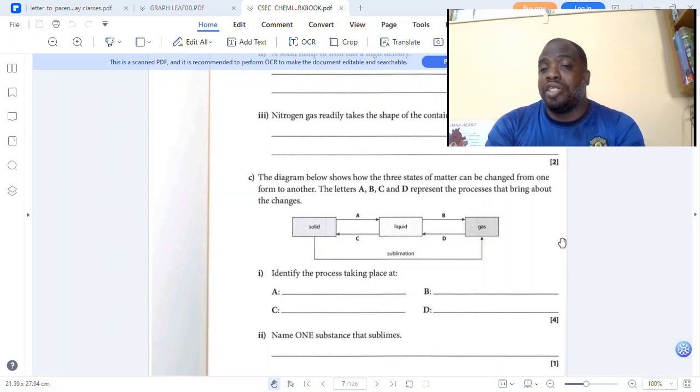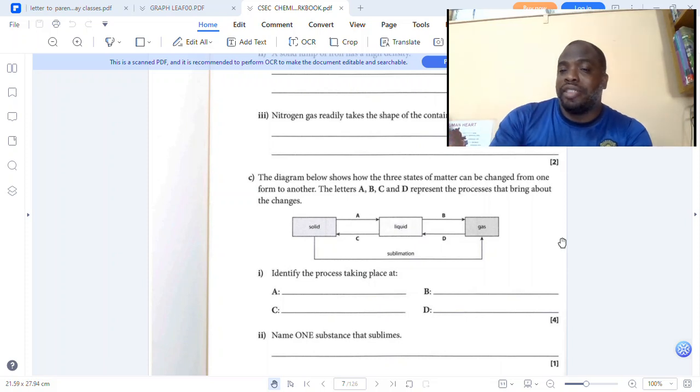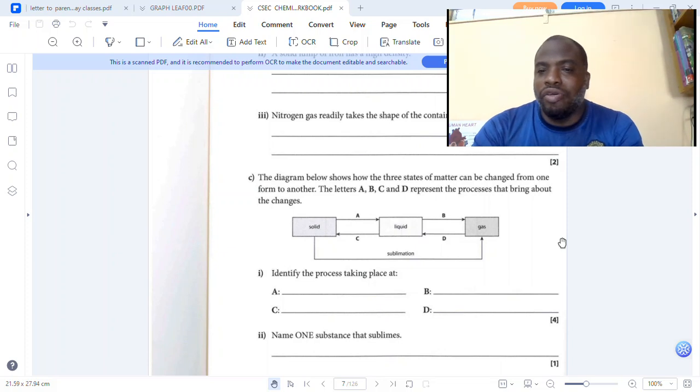Now evaporation can happen at different temperatures. It doesn't have to be specific. And so those are the differences. So you have water on the soil, you have water in the sea, it will evaporate. The sea doesn't have to be boiling for the water to evaporate.